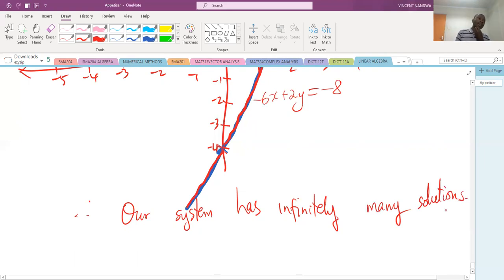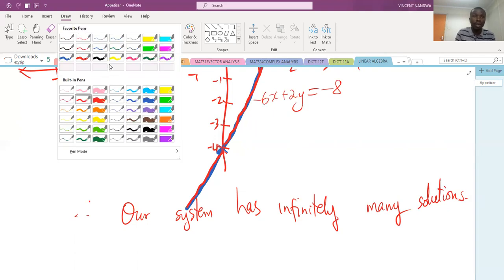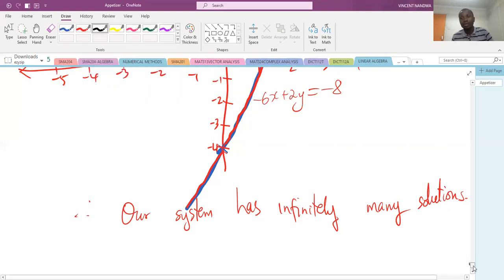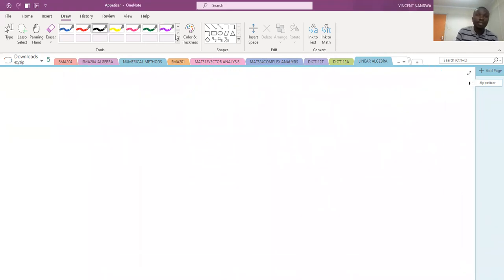So from these three cases, from this activity, we can get a general case on the nature of solutions of any system of linear equations.